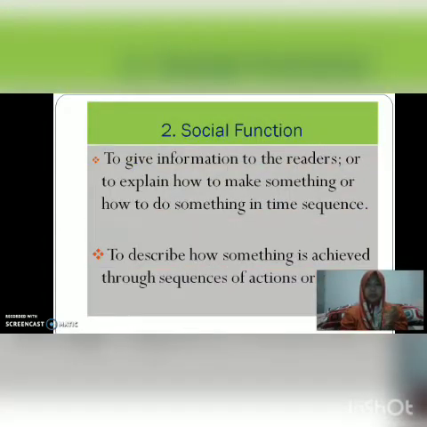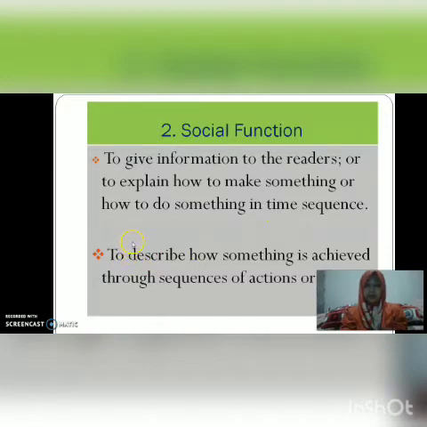Okay, next, the social function. Social function of procedure text. The first one is to give information to the readers, or to explain how to make something or how to do something in time sequence.